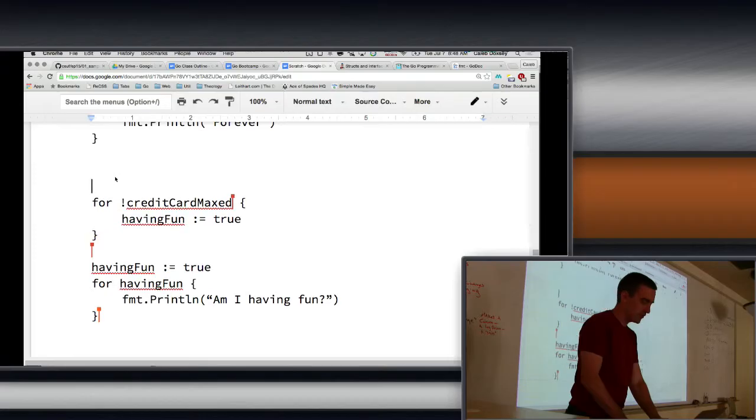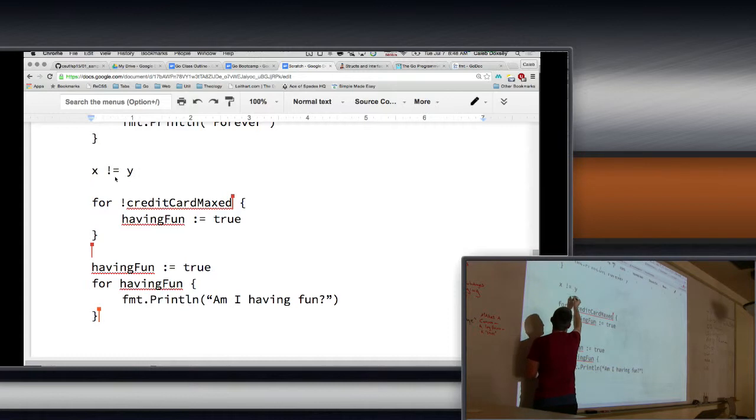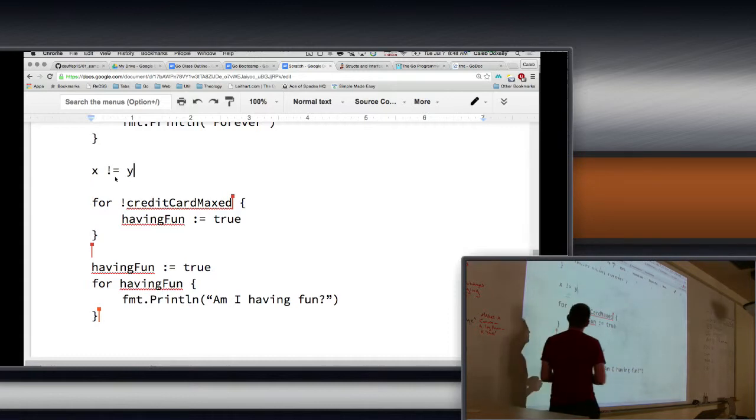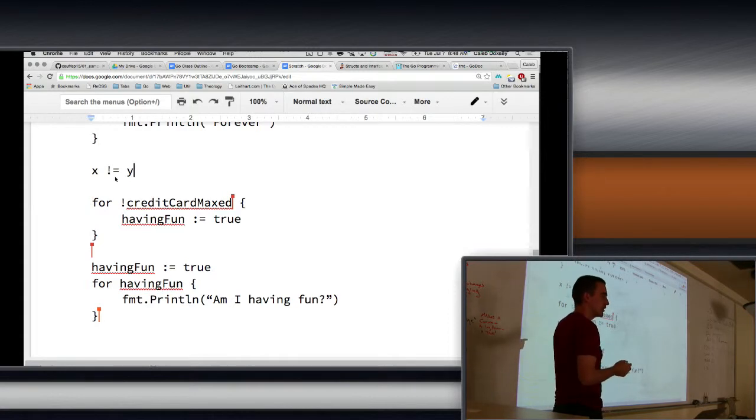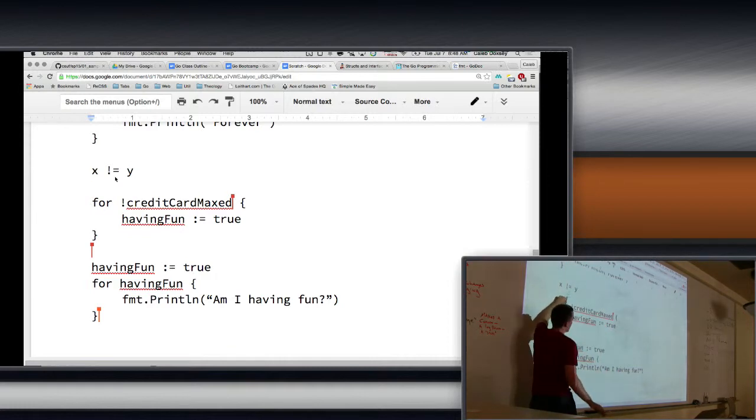I know some people here were using it, but you can say x not equal y. And when you see this, think of it like the crossed-out equals sign. The reason why we don't use that symbol, even though it exists in Unicode, is because it's not on your keyboard, so we use the symbols that are on your keyboard. This kind of looks like that, and that's why we do it.